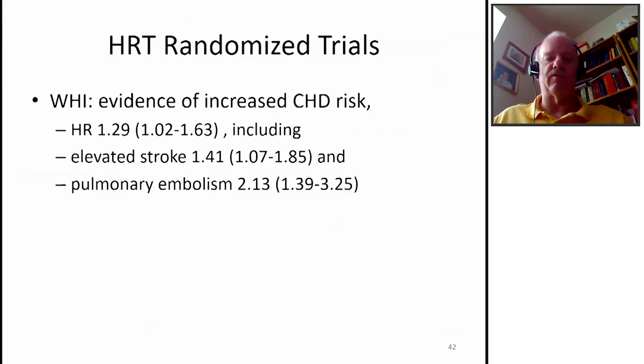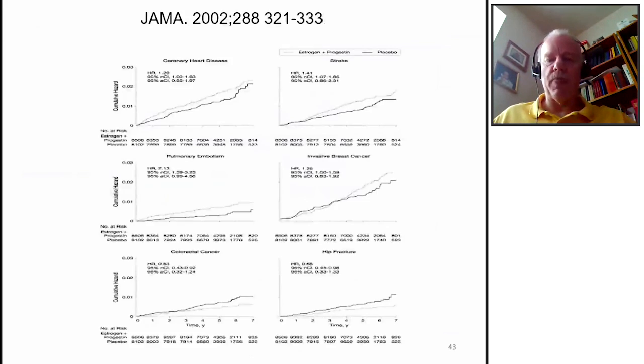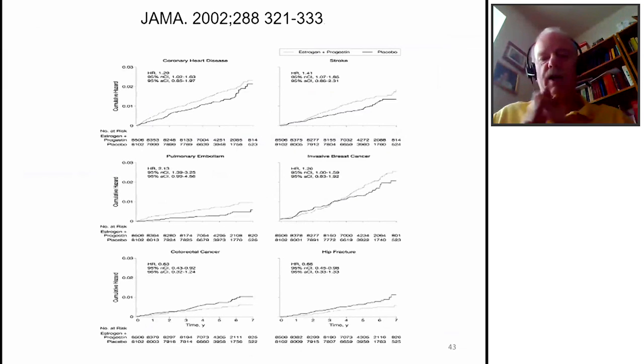That's like a relative risk. So 29% more women got these heart events among the women who were randomized to the hormone replacement therapy. There was an increased risk of stroke, 41% increased risk of stroke, and pulmonary embolism. And here are some other events, but I'm not going to go through all these.